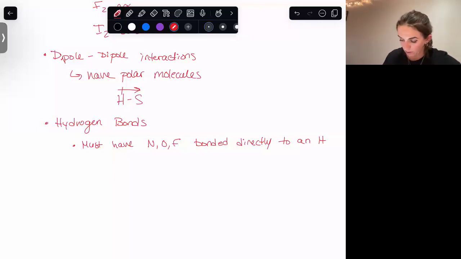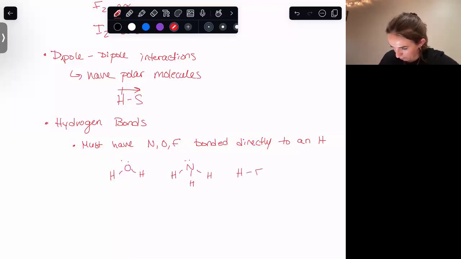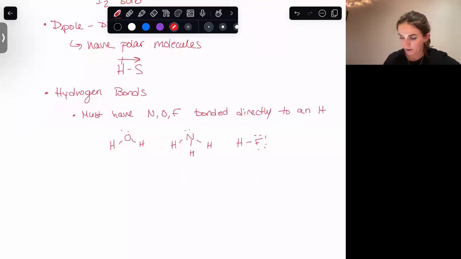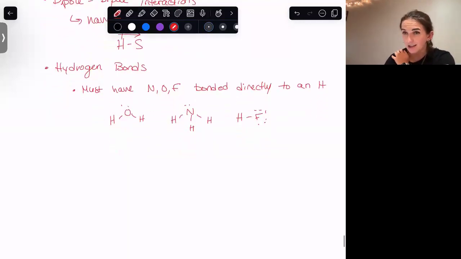Okay, so this can be water. This can be ammonia. This could be hydrogen fluoride. Right, all of those have an oxygen, a nitrogen, or a fluorine directly bonded to an H. This is not... this molecule here, right?